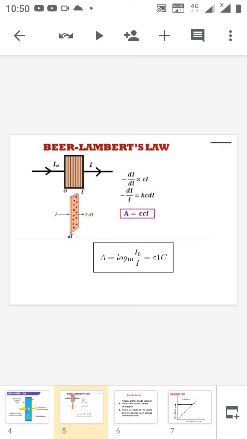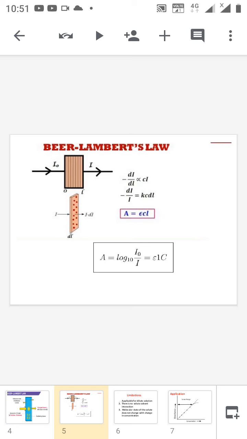Epsilon is the molar absorption coefficient or molar extinction coefficient, when the concentration is expressed in mole per liter and the thickness is in centimeter. So the new equation is A = log(I0/I) = epsilon C L, where epsilon is the constant known as the molar absorption coefficient, C is the concentration, and L is the thickness of the material.